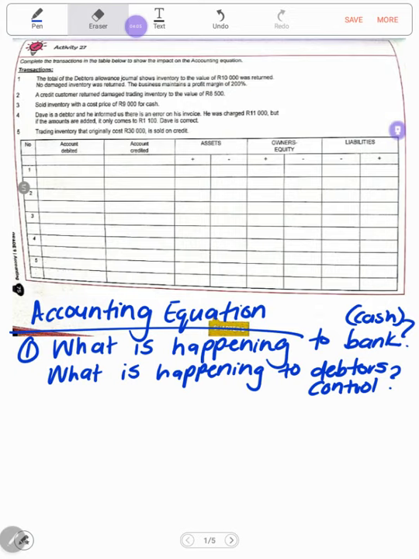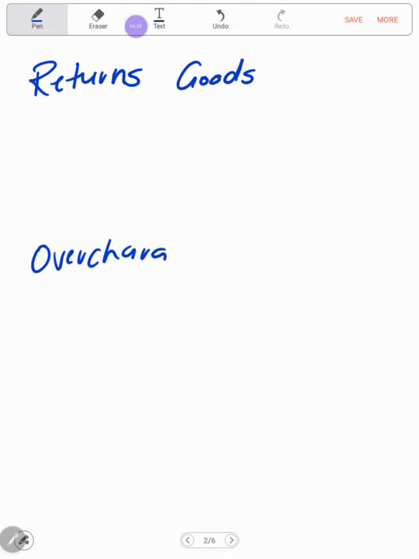When the debtor returns goods that were not damaged, or he or she was overcharged on the invoice, there's 2 things that they've got for us there. Let me just go to the next page. When a debtor returns goods, or if the business has overcharged the person, there are 4 things that will happen.